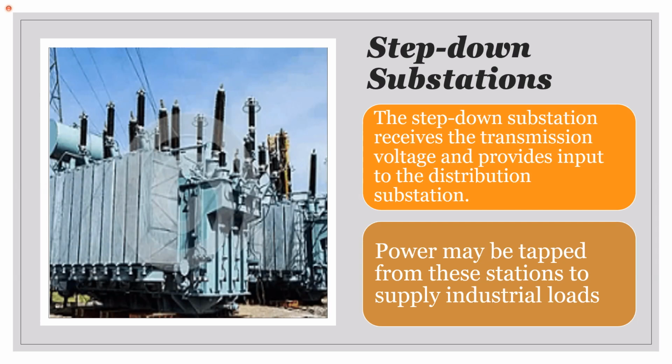And then the distribution substation would pass the voltage out on the streets, okay? Additionally, coming from these step-down substations, that 132, as the second point is highlighting here, may go directly to industrial facilities.